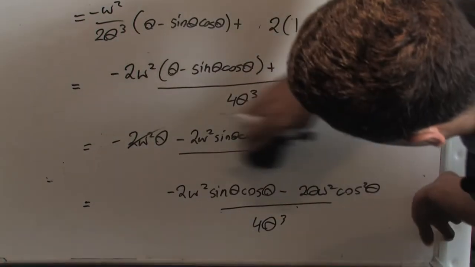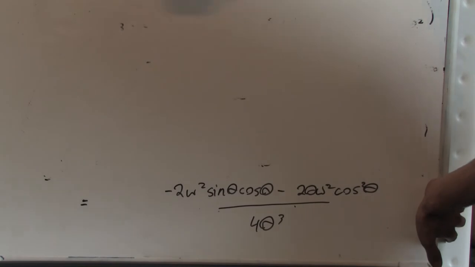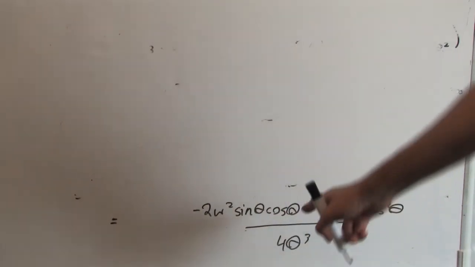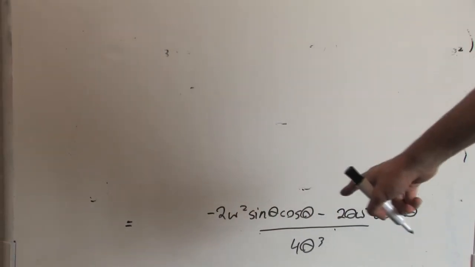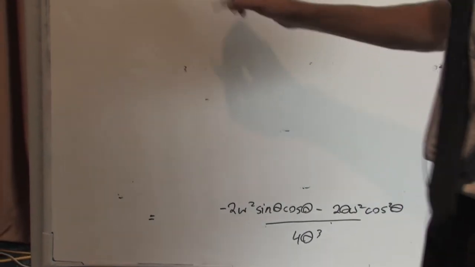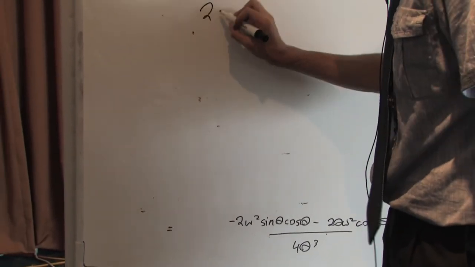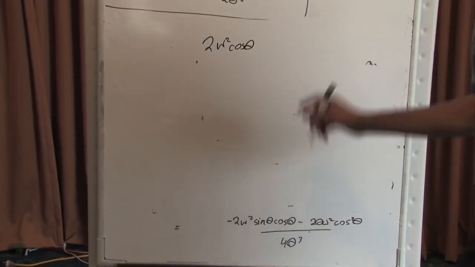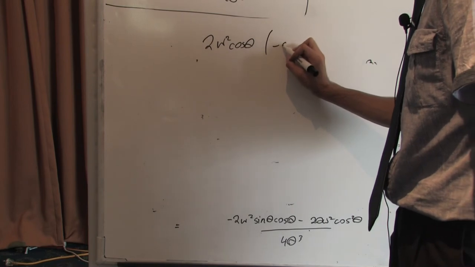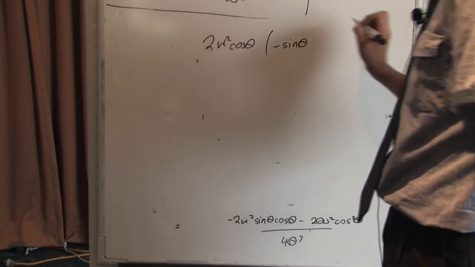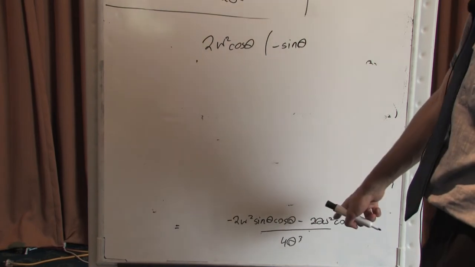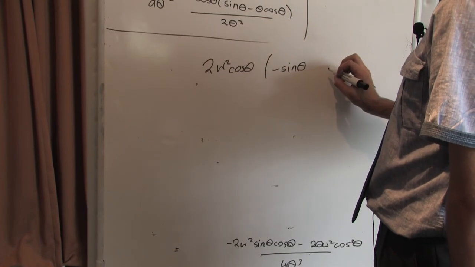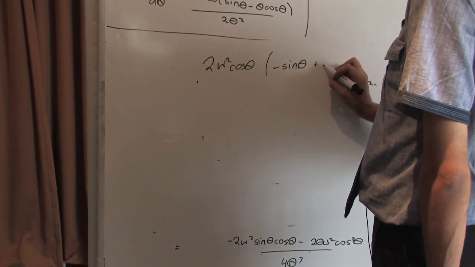Now taking this back up, this will simplify too. If I take out the cos theta, the w squared, and the 2, I'm left with 2 w squared cos theta. Taking that away from the first term, we're left with minus sine theta. Then taking it away from the second, we're left with theta cos theta.